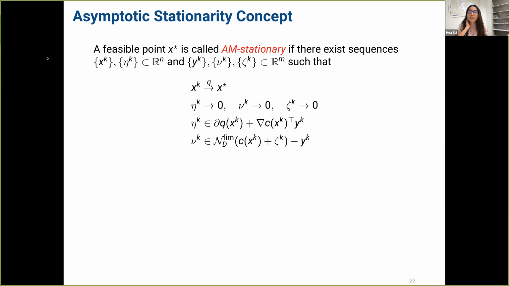So D is not just a set, it's also a set-valued mapping depending on x. Maybe, or probably. No, I have no idea how I would deal with it.